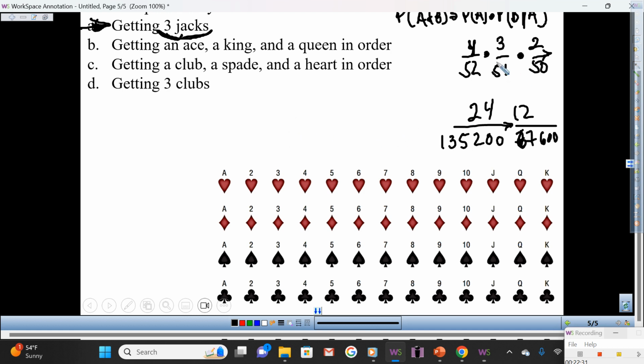Okay. Where did I go wrong? 132,600, thank you. So then half of that is 66,300. And reduce. Anyways, from 1 to 5, how comfortable are you with dependent events?